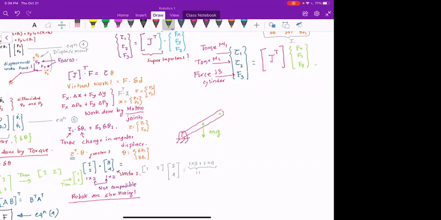You have some m times g force acting that is going to give you, say, if this distance is L by 2, then you're going to have mg L by 2 cosine of theta. So this is theta.